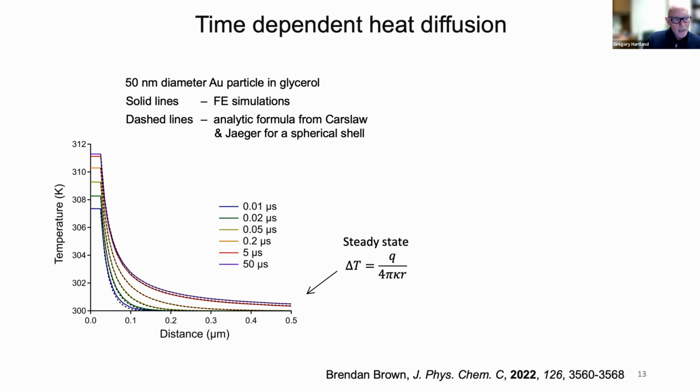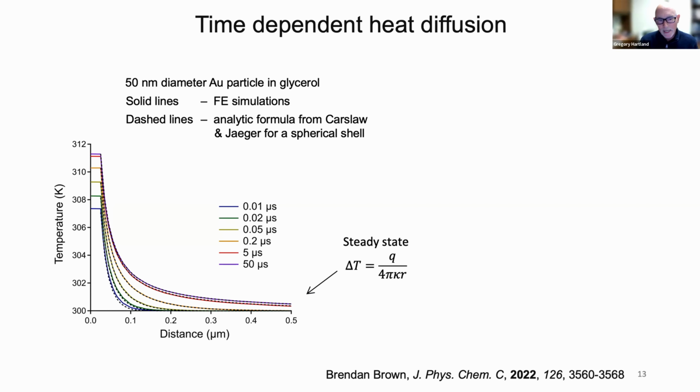Okay, so what we're doing here is that we are starting with the sample at some temperature, 300 degrees Celsius. We're turning on the pump laser, and we're just looking at the temperature distribution in the sample as a function of time. As you turn on the pump laser, the sample starts to heat up, and the temperature in the gold particle rises, and also the temperature starts to expand around the particle due to heat diffusion.